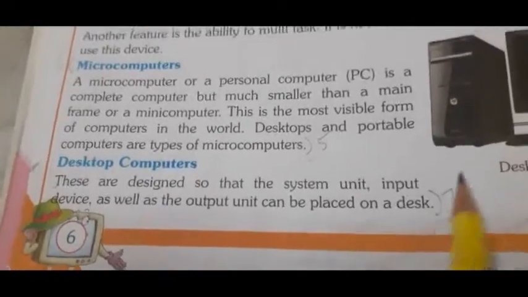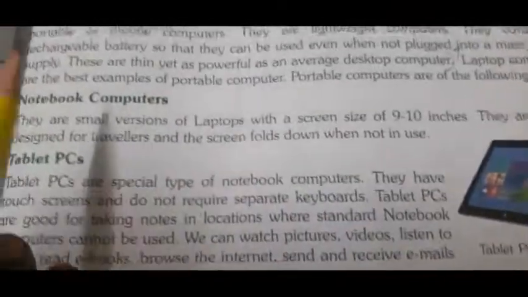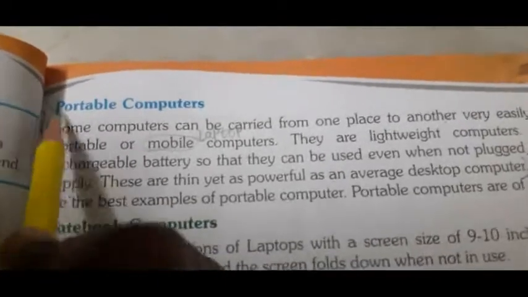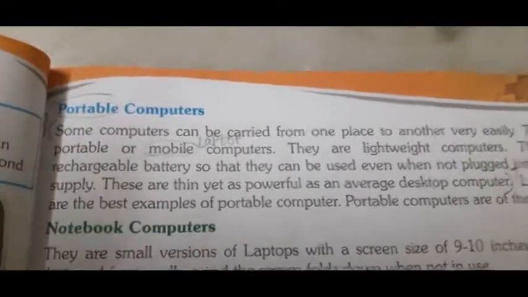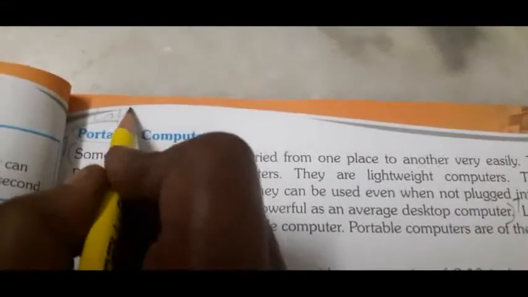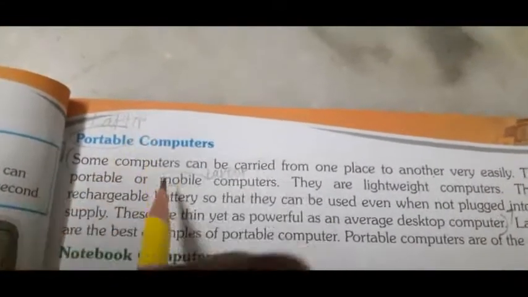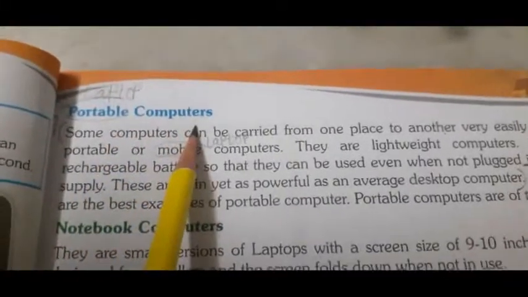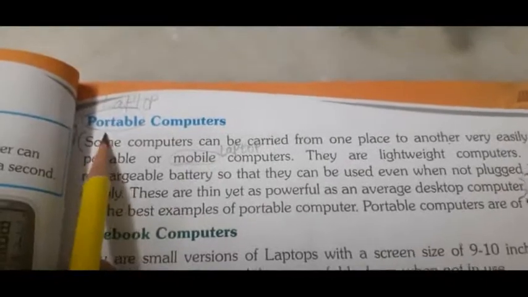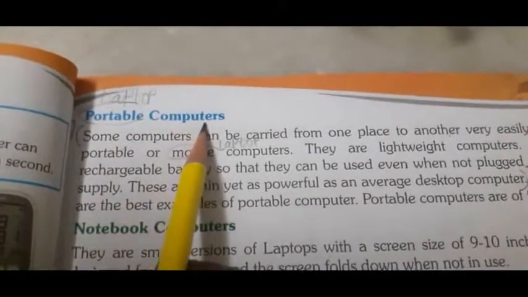After that, coming to page number 7, portable computers is there, no? You don't write portable computers here. Here you write laptop computers. When you are writing in notes, you don't write portable computers, you write laptop computers.